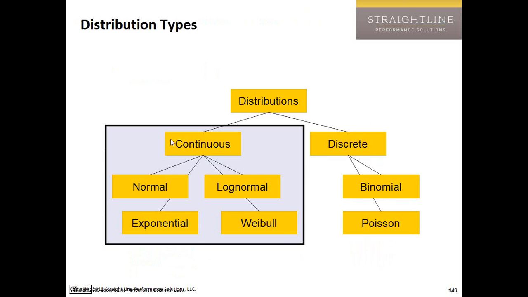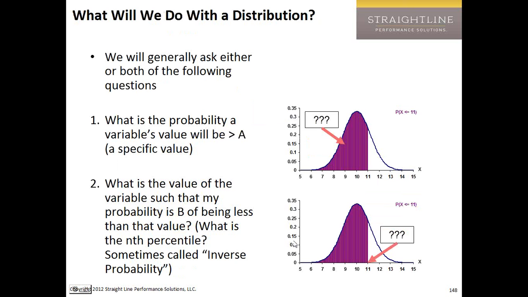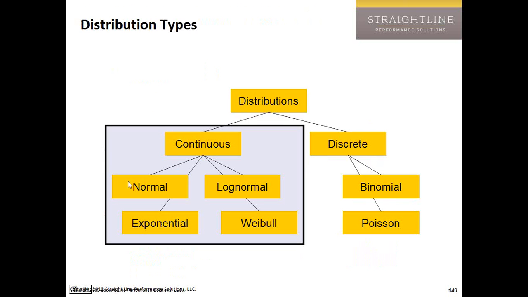Okay, we're going to cover 4 continuous distributions, and continuous distributions look like this. It's things where you don't have to lift your pencil to make the distribution. Those are going to be normal, the bell curve, log-normal, which is a skewed distribution whose log is a normal distribution.